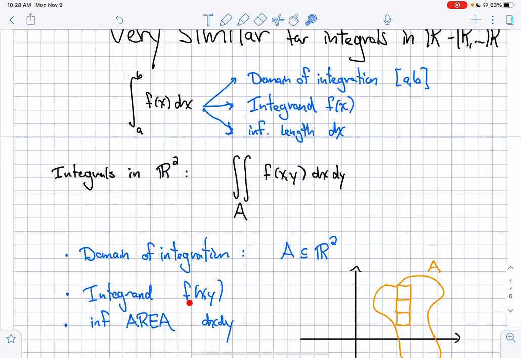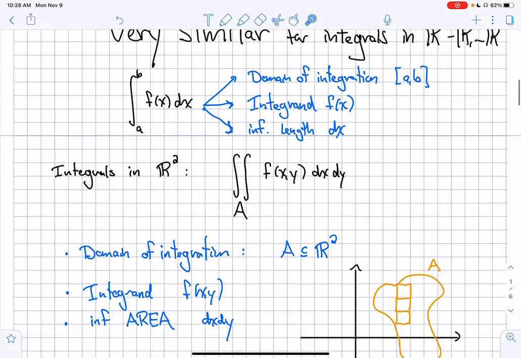We have an integrand, which is now a function of two inputs. And we also have the variables of integration x and y, and dx dy together doesn't represent a length, but an area. This is the infinitesimal area. If you think about it, it's like a very small square or small rectangle represented by dx dy.